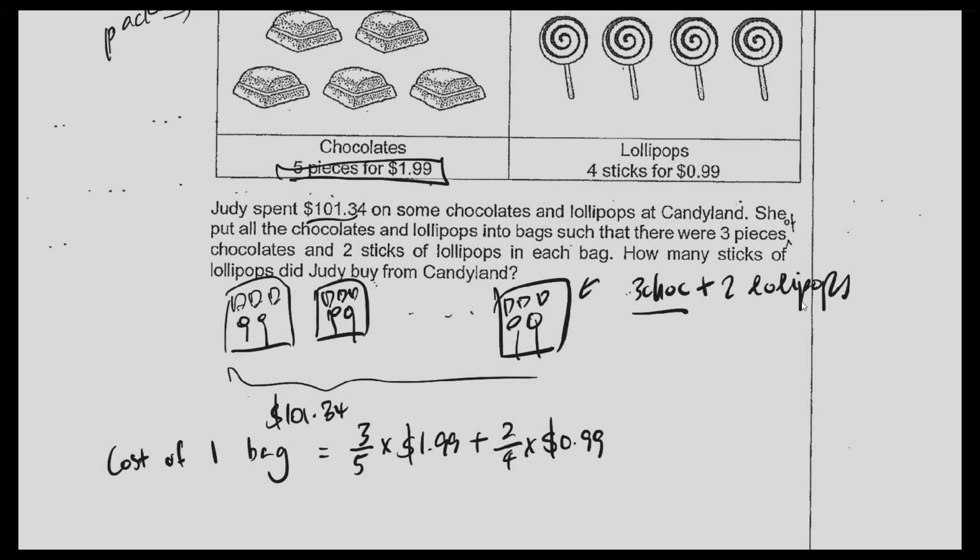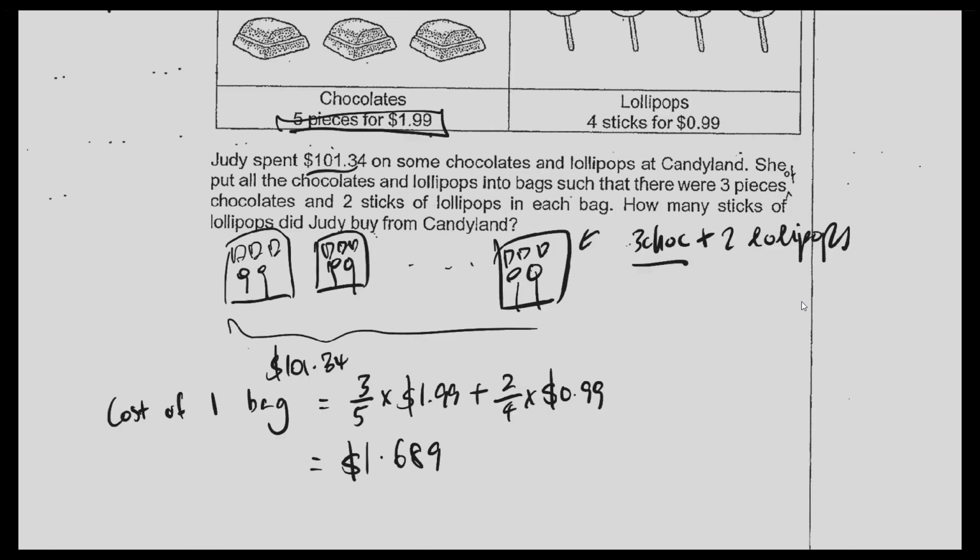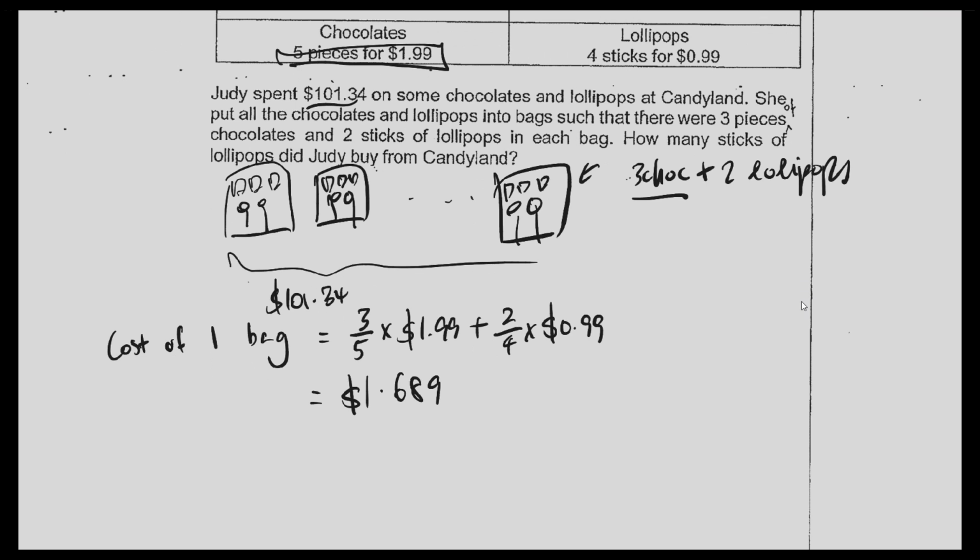And let's see what we will actually get if we plug it into the calculator. We will get a value of $1.689. It looks like a scary number. Your teachers will definitely tell you to round it up to $1.69.